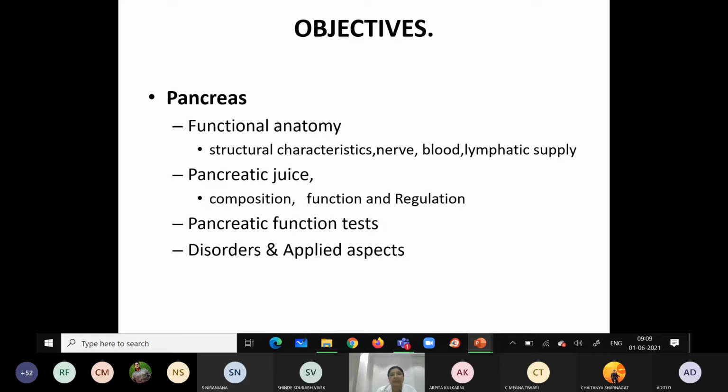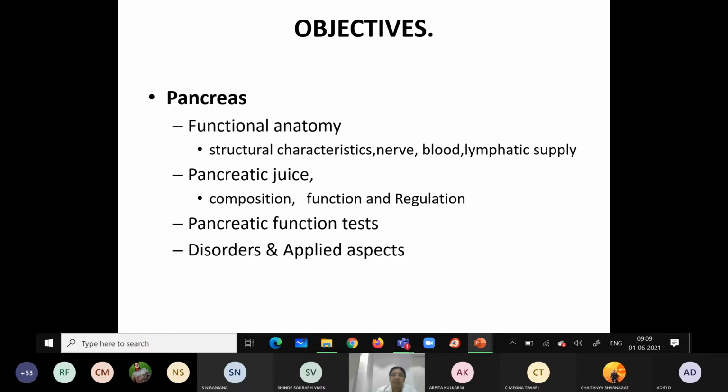We'll study first the functional anatomy of the pancreas and its structural characteristics, the physiological histology of the gland, and its nerve supply, blood supply, lymphatic drainage, etc. Then we will see the pancreatic juice.